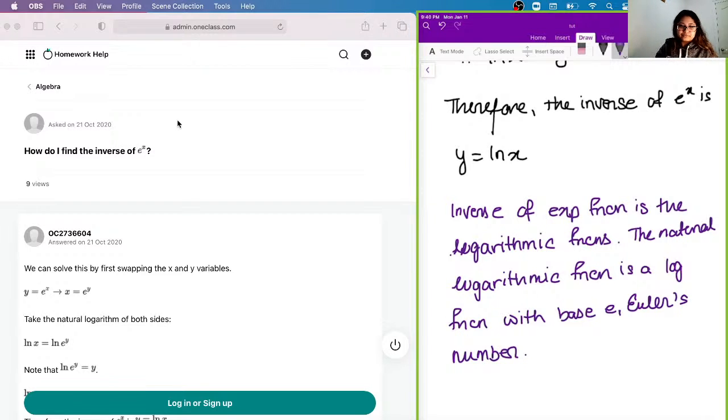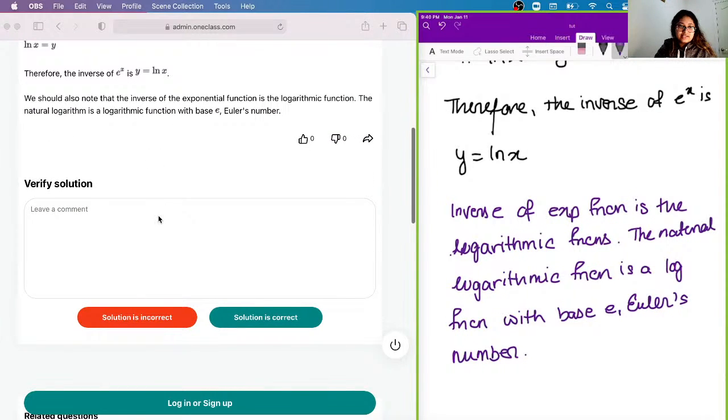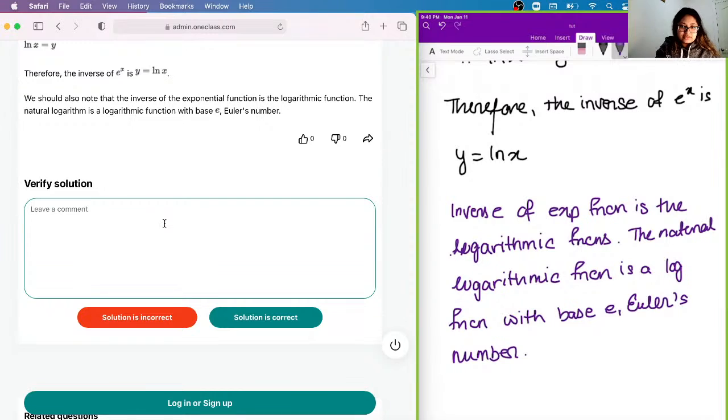And so this is what I've stated here, and therefore the solution is correct.